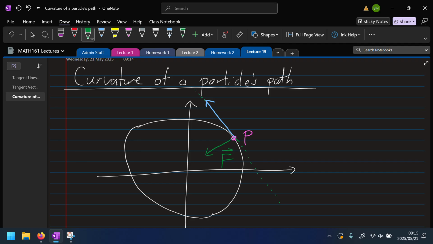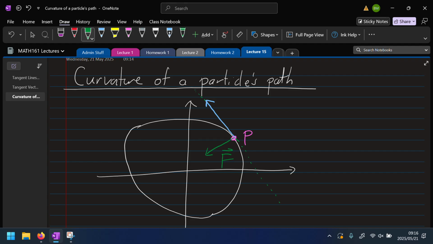If you're going in a straight line and you suddenly start turning off in a direction, you see that as curvature. You would know that from centripetal acceleration. If you're going around a bend, there's going to be that centripetal force pulling you into the bend, or centrifugal outwards. You've done that in physics, right? So centripetal inwards, centrifugal outwards.